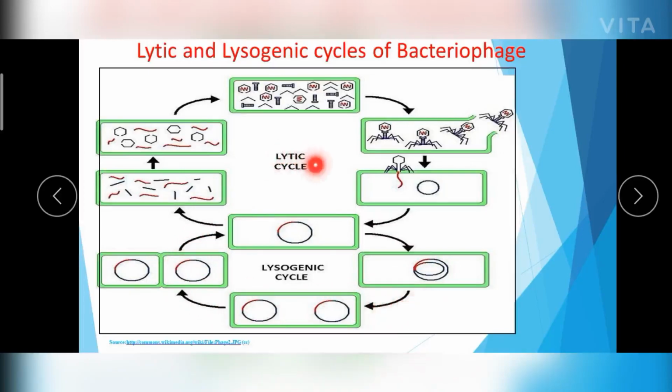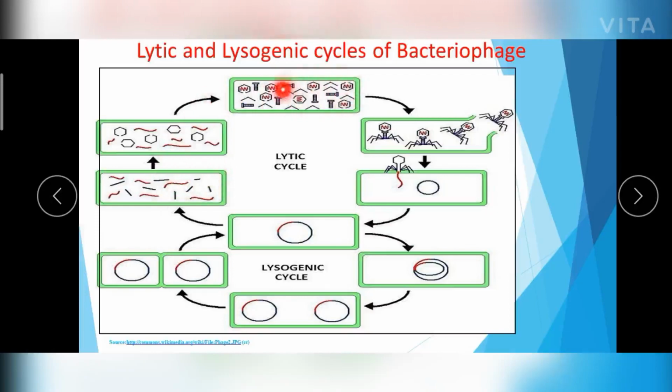The second type is the lytic cycle. When the virus infects the bacterial cell, the viral genome remains independent and takes over the host metabolic machinery and multiplies. The viral DNA gets multiplied into many copies and it also synthesizes viral proteins, head proteins, tail proteins and other packaging proteins.